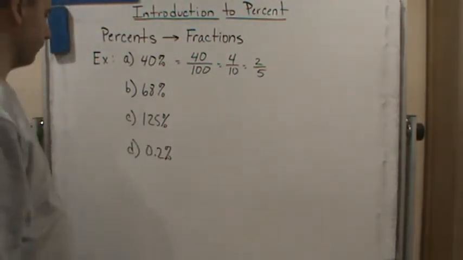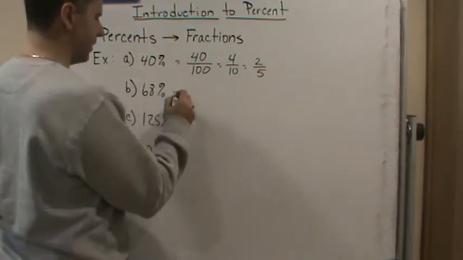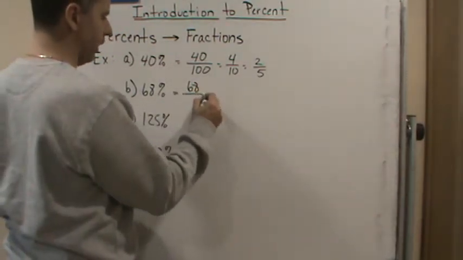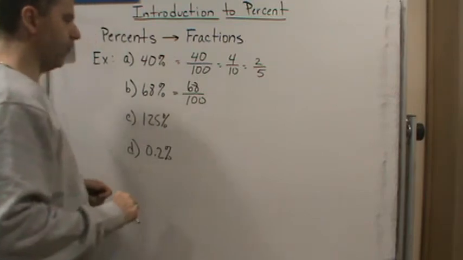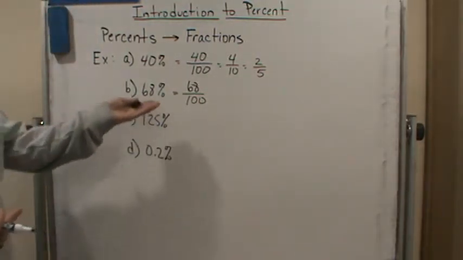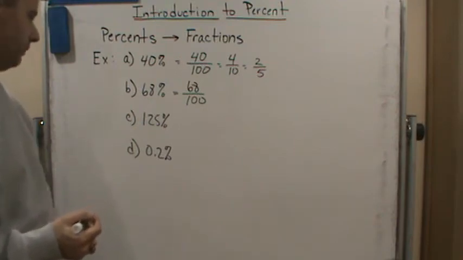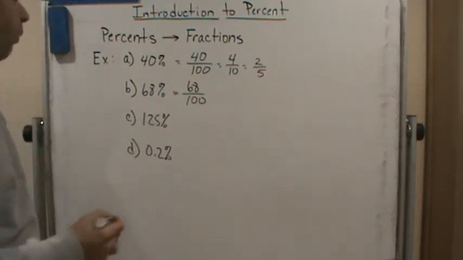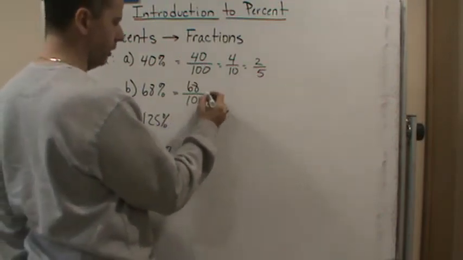But again, just make sure that you reduce it completely. So 68%, well, that's going to be equal to 68 over 100. Okay? And so again, what I'm going to do is divide by 2. Well, no, I'm going to divide by 4. I can divide the top and the bottom by 4.